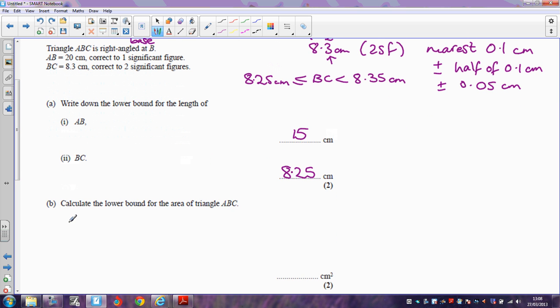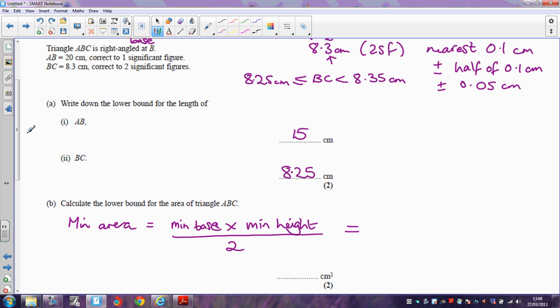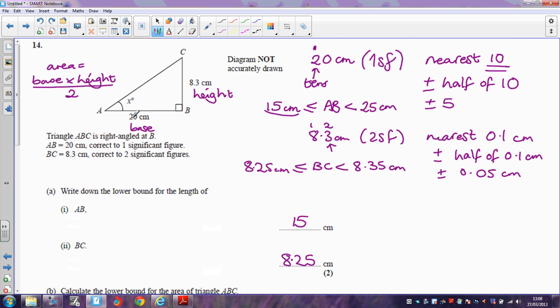Now to find the lower bound for the area, that's to find the minimum possible area. So we're going to do base times height divided by 2. Well, I need to do the minimum possible base multiplied by the minimum possible height, and that's going to be divided by 2. So the minimum possible base, well, the base is the 20 centimetres.